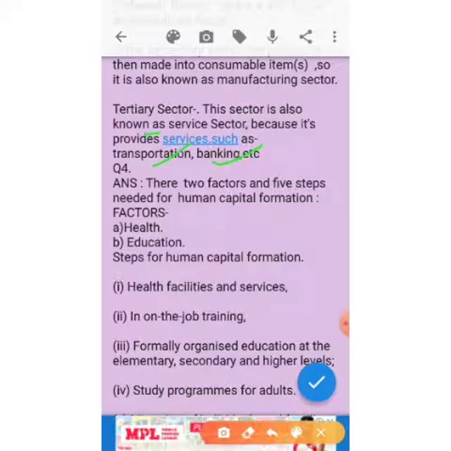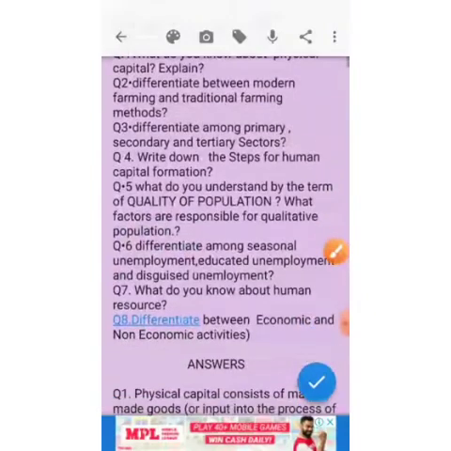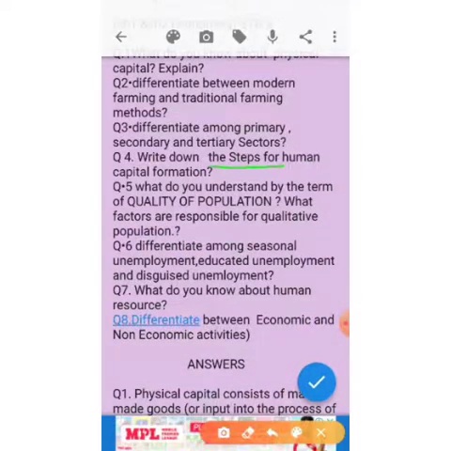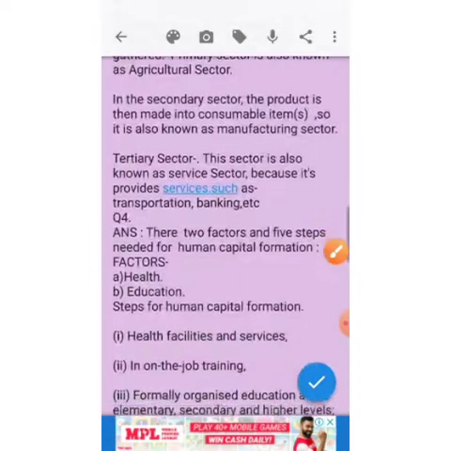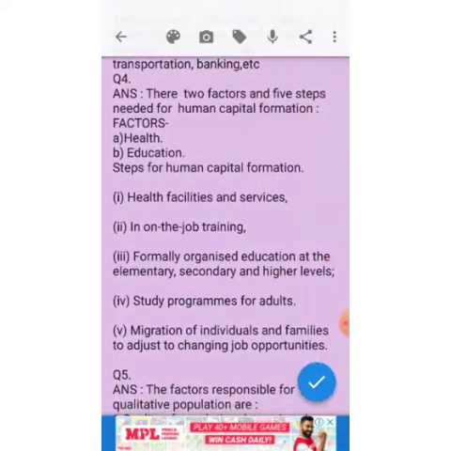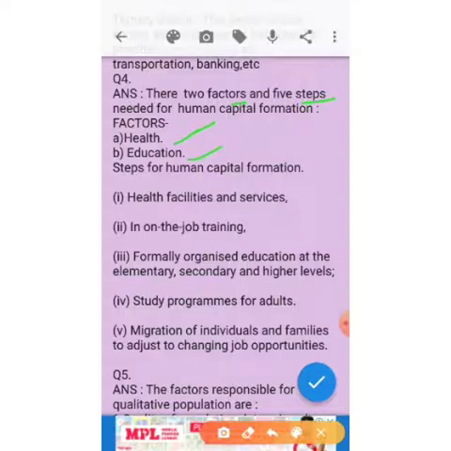Your fourth question, dear. I'm going to show this question. See this question: write down the steps for human capital formation. So let's start your fourth question. There are two factors and five steps needed for human capital formation. First factor is health, second is education.